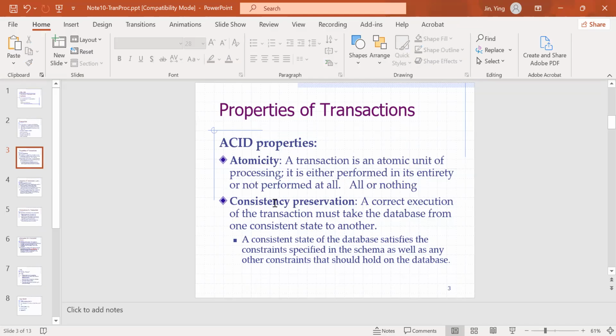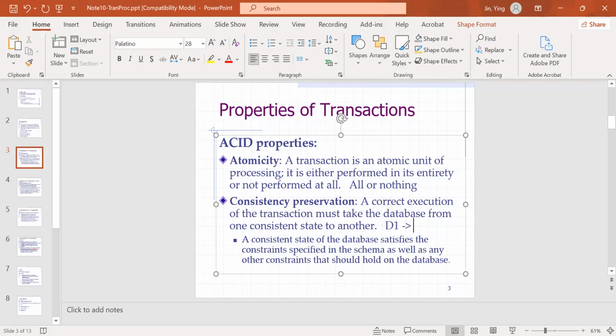The next property is consistency, the C property. If we run a transaction, the transaction needs to take the database from one consistent state to another. So if the database state D1 is consistent, then after we run the transaction T and produce a state, say D2, D2 should also be a consistent state.